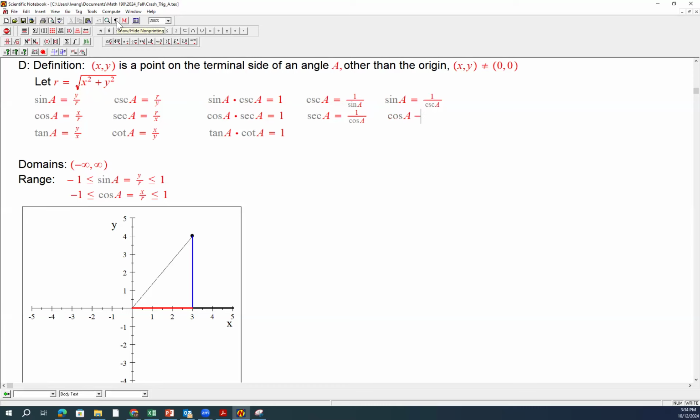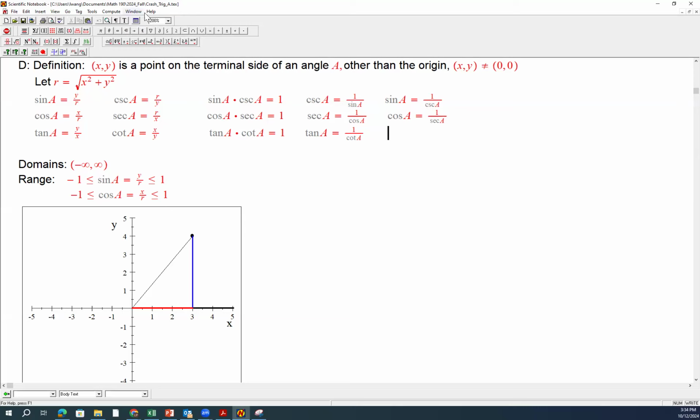Cosine A is equal to 1 over secant of A. Okay, you might need some of these in your calculus classes. And tangent, okay? So tangent of A equals 1 over cotangent of A, all right?